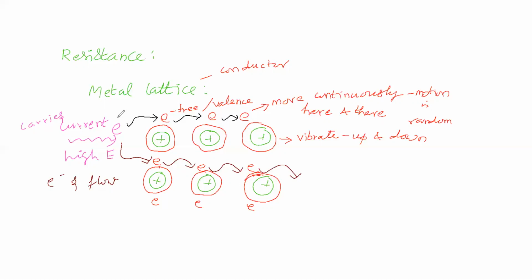If this electron comes to this place with high tendency, and simultaneously this electron goes to this place with high tendency, then we can say current passing ability will be high.